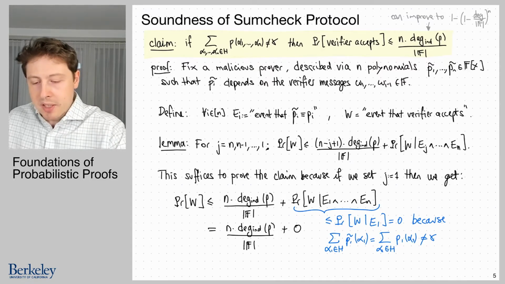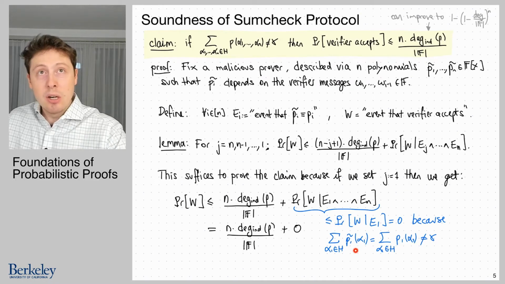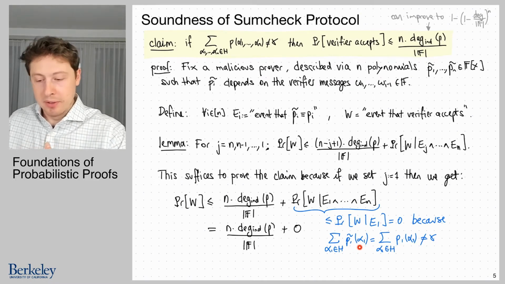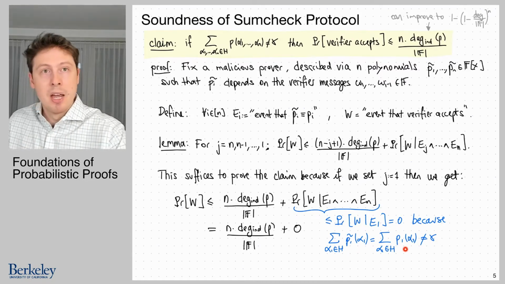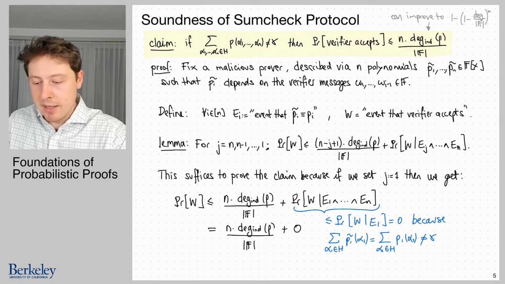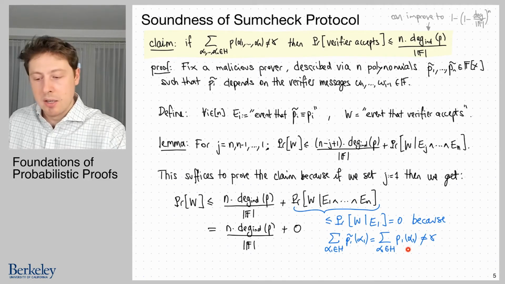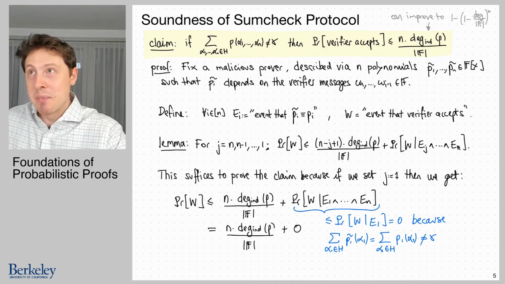But let's look, what does it mean that the malicious prover acts honestly in the first round? It means that when it sent me p1 tilde, it actually literally sent me the honest p1. So it means that the sum of p1 tilde is the sum of p1, but remember, we have a false statement. If I literally sum over the first n-1 variables and then I sum over the last one, then I'm now going to get gamma because that's our assumption, okay?